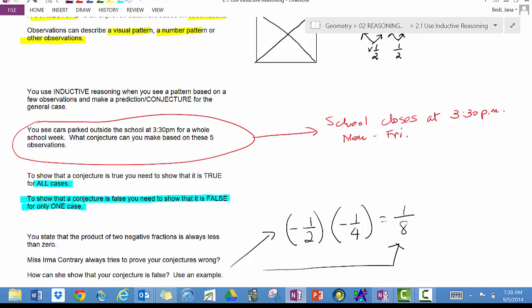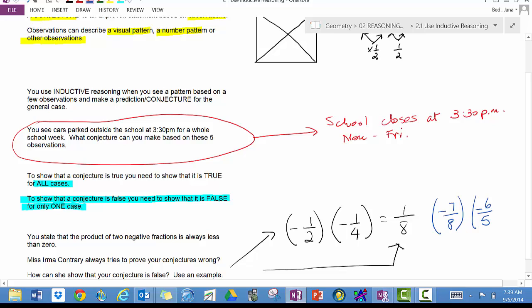But you know, Miss Irma Contrary is quite devious. So then she chooses another example, and the example she chooses is negative 7/8 times negative 6/5.